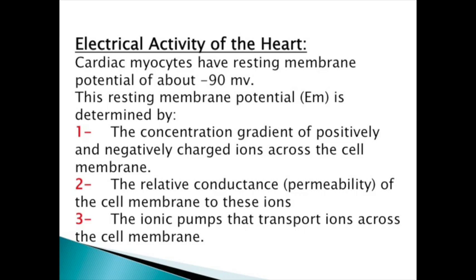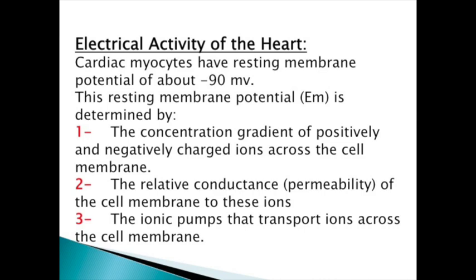It's good to remember that the cardiac myocytes, the cardiac muscle cells, have a resting membrane potential of about minus 90 millivolts. The resting membrane potential is determined by, number one, as you know from your previous studies in the nerve and the muscle, the concentration gradient of positively and negatively charged ions across the cell membrane.